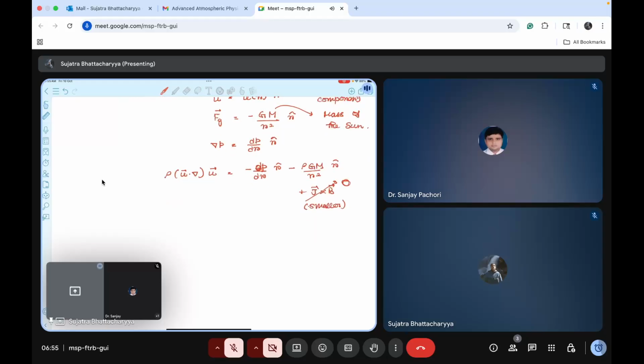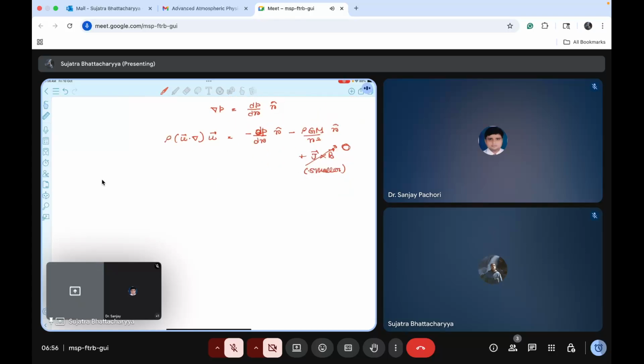So you can understand the acceleration of the solar wind, the plasma from the sun, depends on gravity. You have to escape the gravity first, and it depends on the pressure gradient from the sun outward. What is the difference in the pressure gradient?